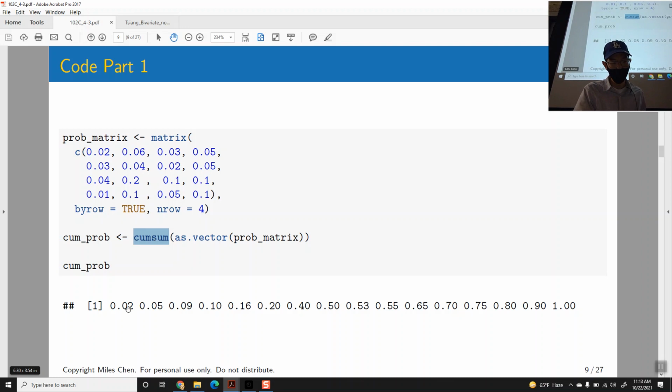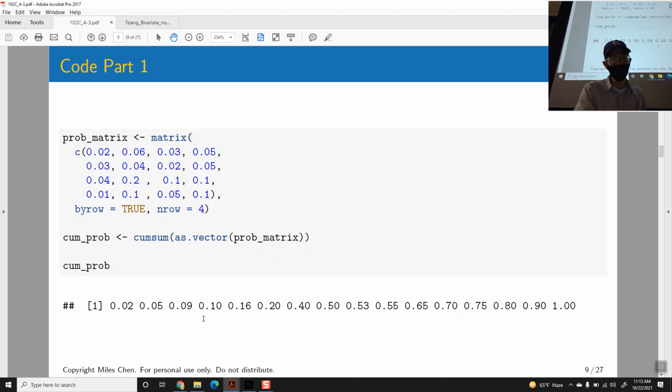So the first value I get is 2%, 0.02. The next value is the sum of the first 2 values, 2% and 3%, to get 5%. And then the next value, 2%, 3%, and 4% gives me 9%. If I add on the 4th value of 0.01, I get 10%.